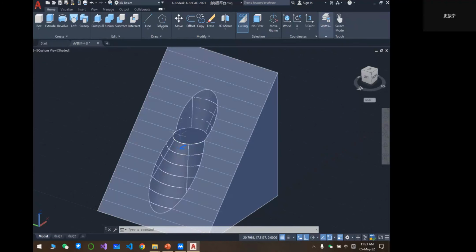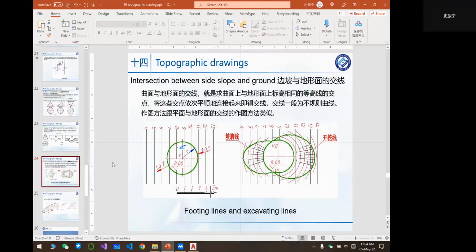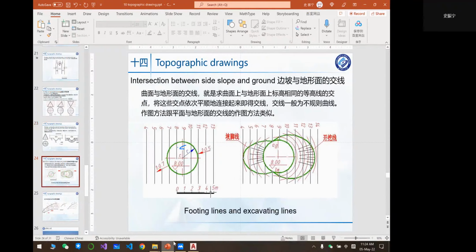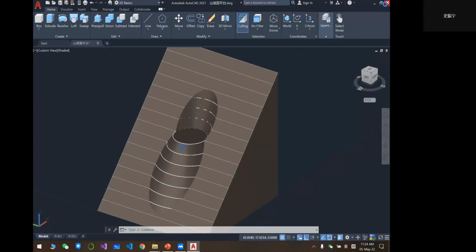So for example, we know the shape of this plate, and we know the cutting slope and the filling slope, and we can calculate the area we have to cut and the area we have to fill. Okay, so that is the way to find the intersection line. Okay, so that's it.